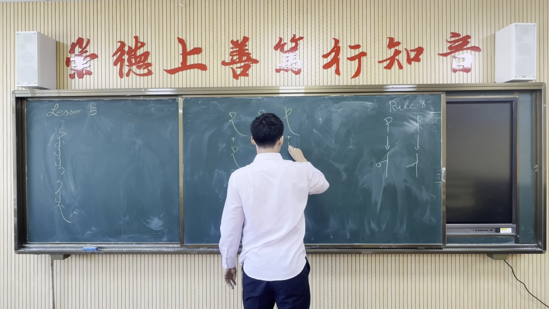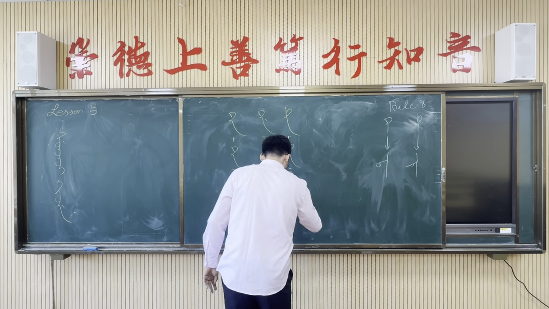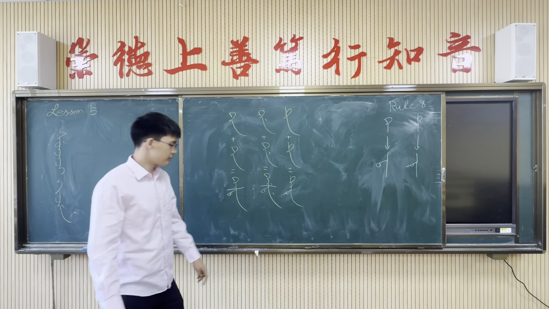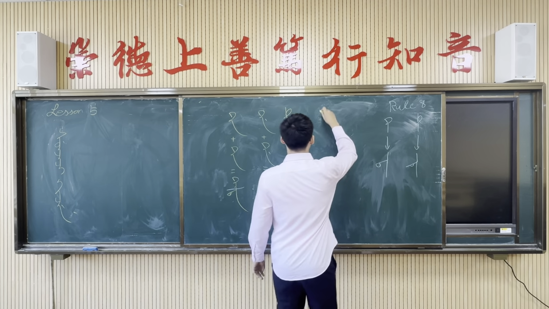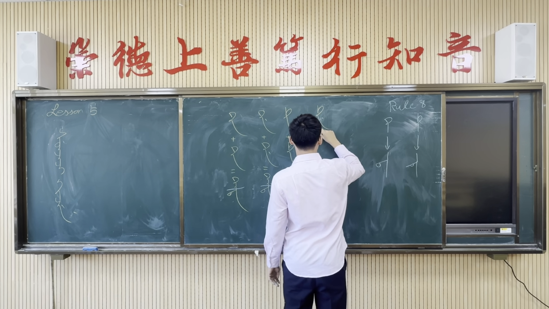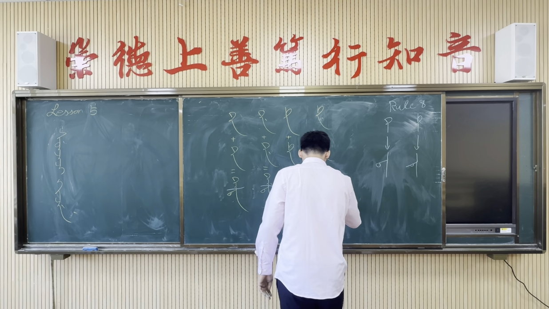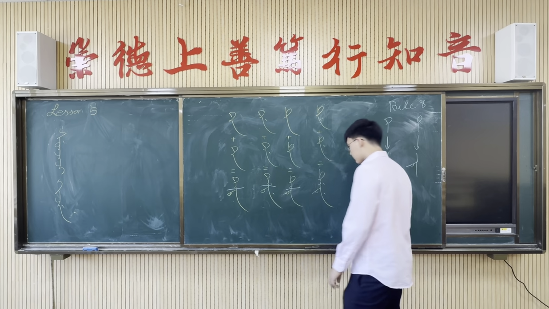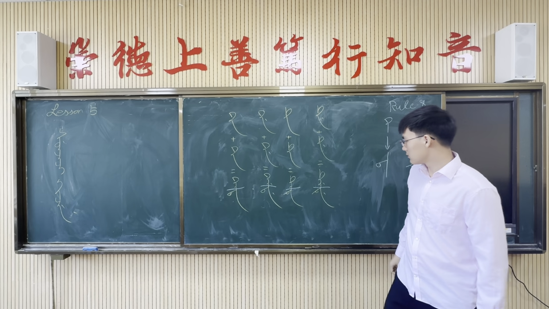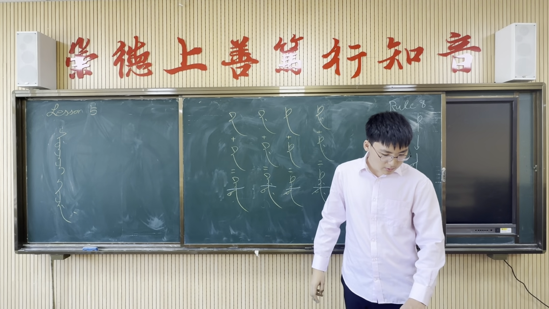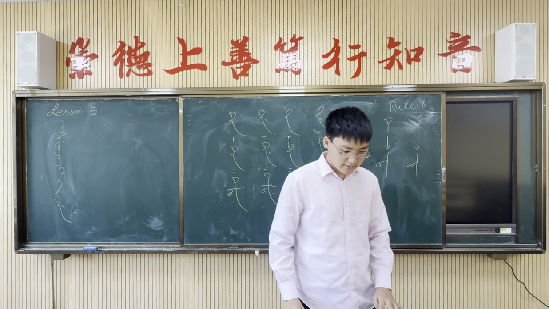Next, we have 2 more letters. Te plus te equals te. Then te plus te equals te. Now I want to move on to writing 6 new letters.